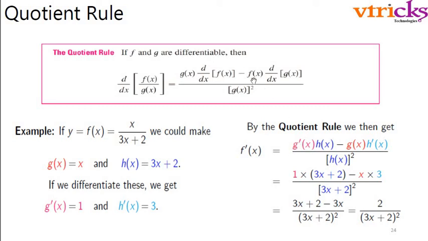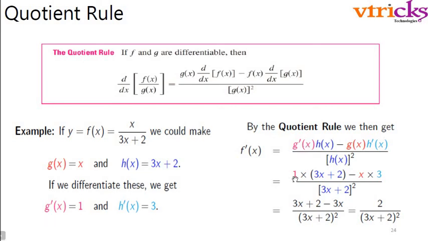Then we have the numerator, which is g(x), written as it is, and the differential coefficient of denominator is h prime x. So denominator, differential coefficient of numerator, minus numerator, differential coefficient of denominator. And here we have in the denominator the square. So let us substitute these values.